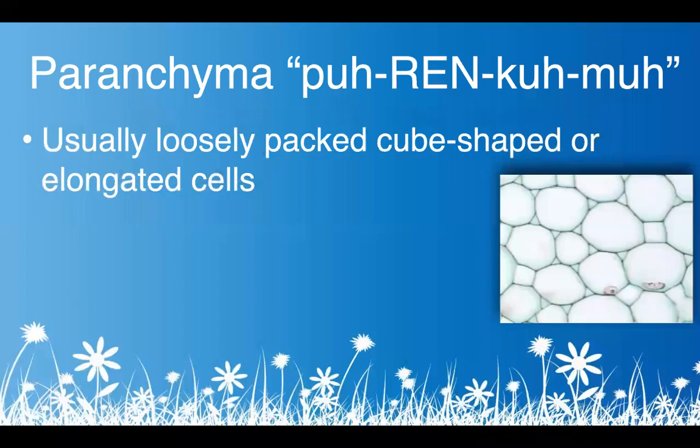Parenchyma are loosely packed. You can see that they don't really have a particular shape, but they're just kind of all over the place. Sometimes they are cube-shaped, which you can see here, cube-shaped here, or sometimes elongated. I don't really see any elongated cells in this particular picture, but anyway.